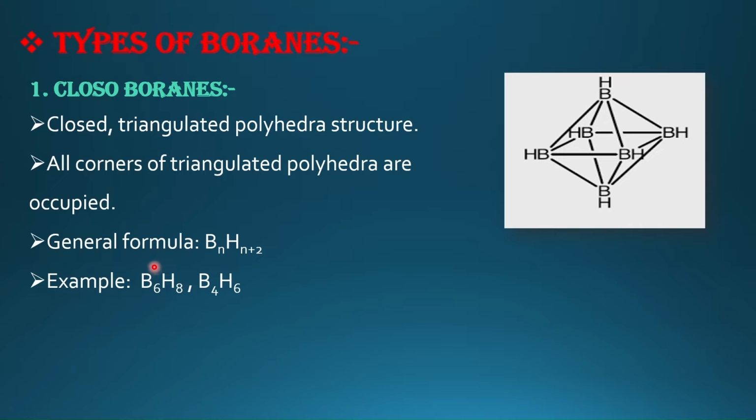Then types of boranes. First is closoboranes, which have closed triangulated polyhedra structures. All corners of the triangulated polyhedra are occupied. General formula of closo is BnHn+2. Example B6H8, B4H6. This is the closo.